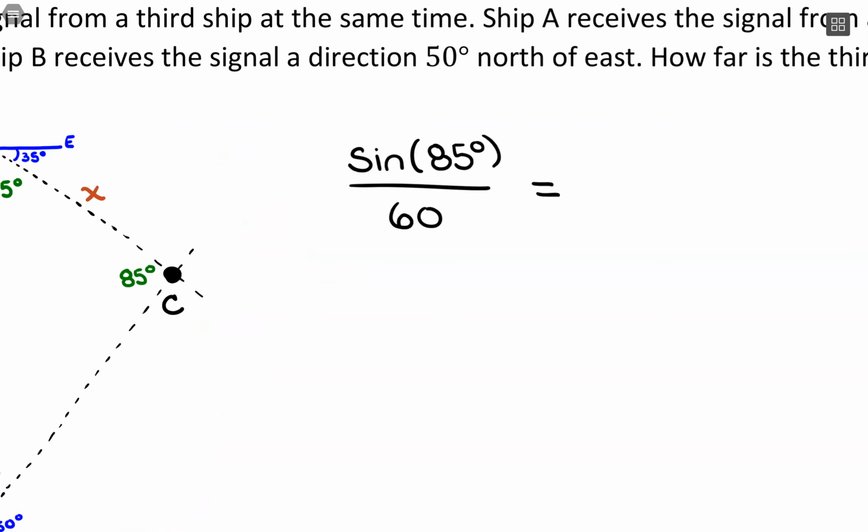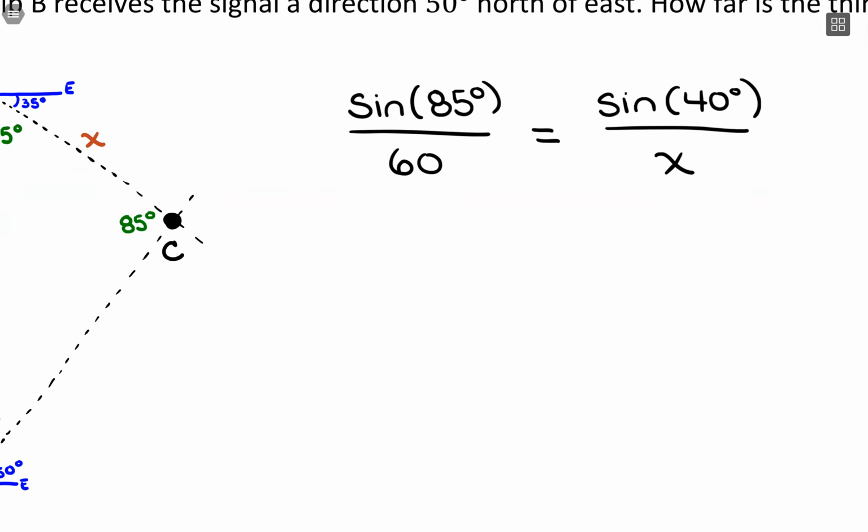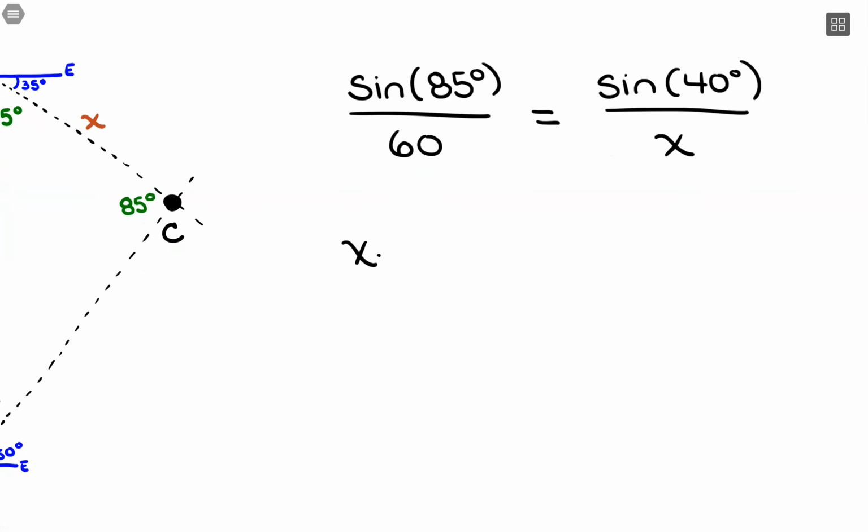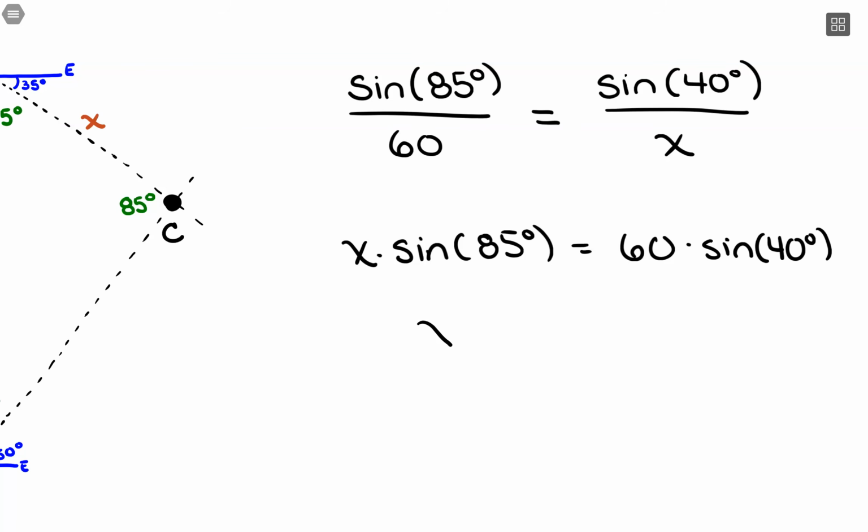So I'm going to have sine of 40 degrees over the unknown x. Now we're going to solve for x. So we can cross multiply, and then divide by that sine of 85 degrees. And then we would just plug it into a calculator.